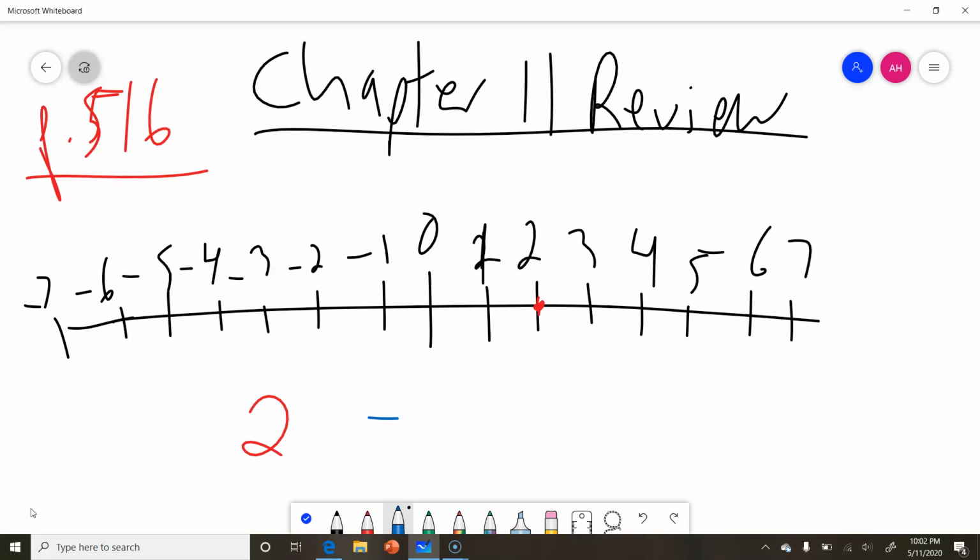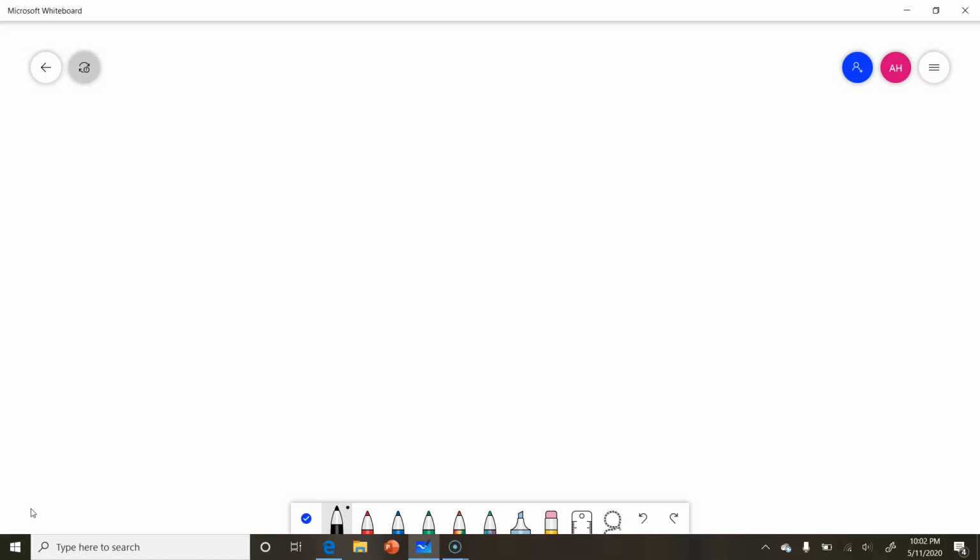If they tell us to plot -4, I put a plot there. If they say -5, right there. If they say 5, right there. So that's really easy. You guys can all do that. That's the beginning ones, so that one's in the bag. That's the easiest part of the homework. You'll nail that on a number line.